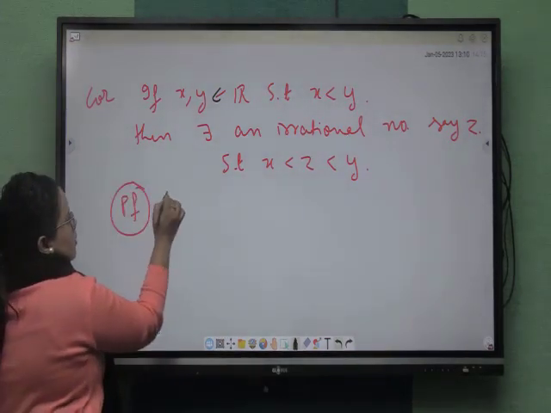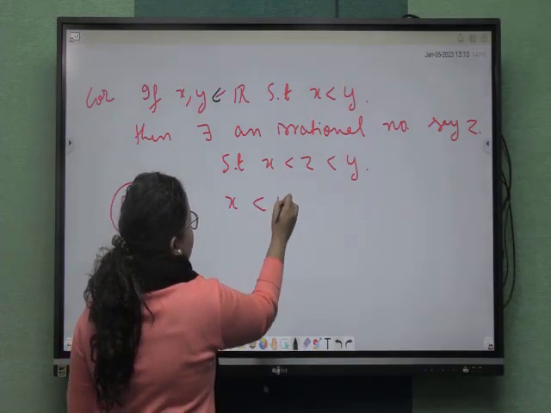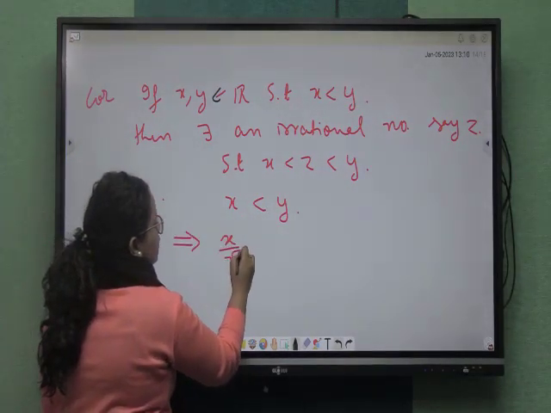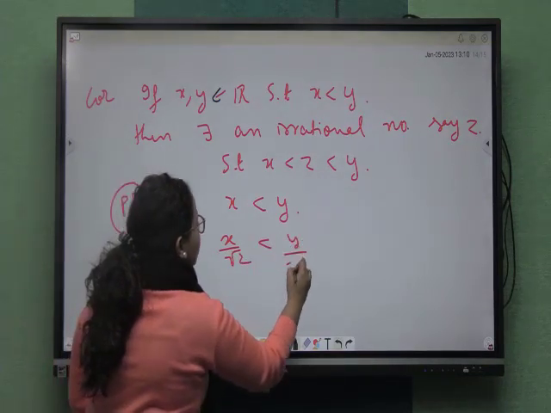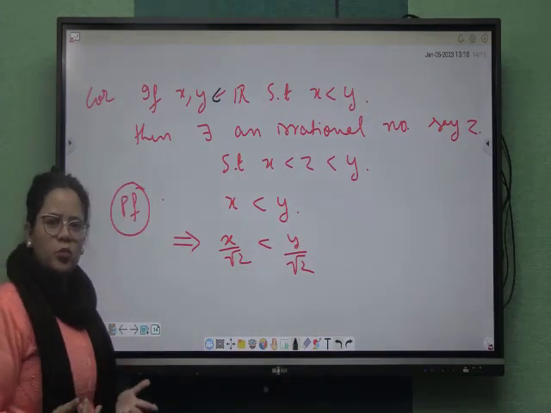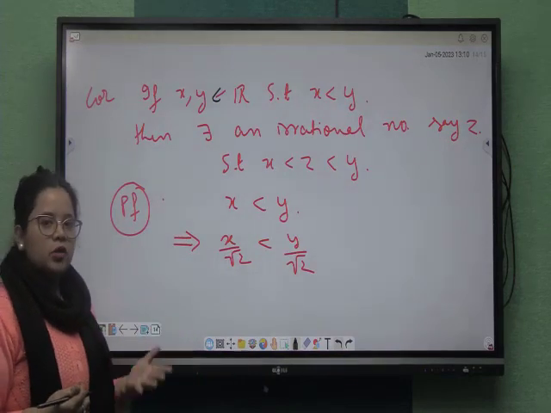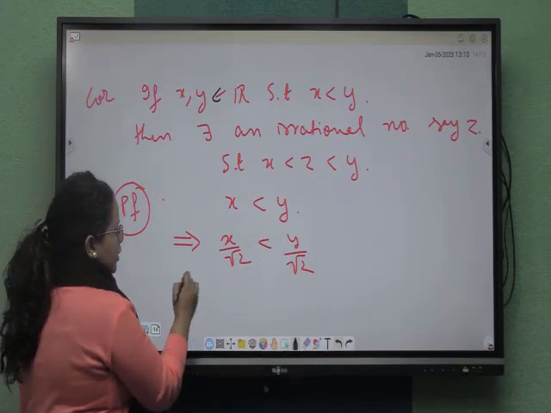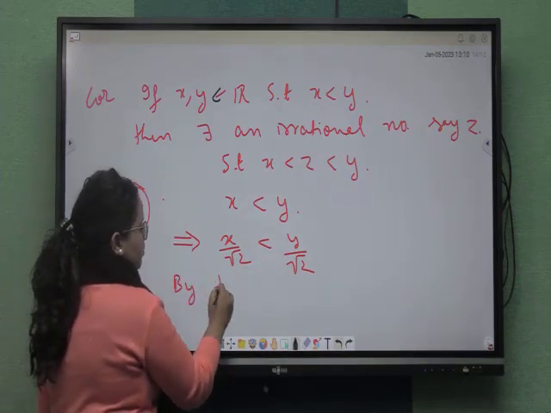Now see this, x is less than y is given. This implies x by root 2 is less than y by root 2. Why? Because root 2 is a positive number, and multiplying by 1 by root 2 doesn't impact the inequality. Anyways, now these two are real numbers.